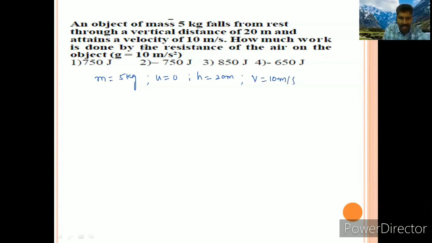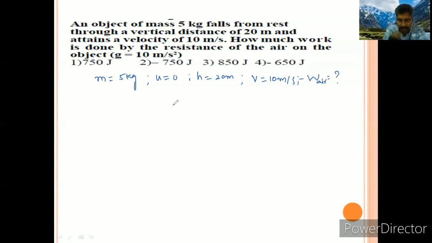How much work is done by the resistance of air on the object? Air resistance, work done by air resistance we need to find out.